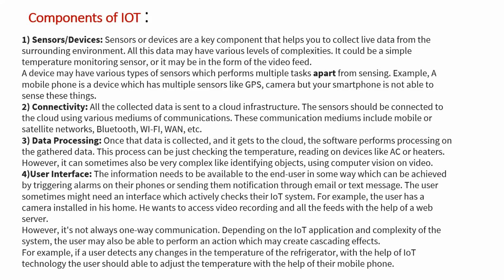And this processing may include, for example, a simple thing like checking the temperature, or reading on devices like ACs or heaters, or sometimes it may be as complex as identifying objects, face recognition, etc. So this goes to artificial intelligence, starting from simple control systems to devices having artificial intelligence. So such kind of data processing has to be carried out in Internet of Things.